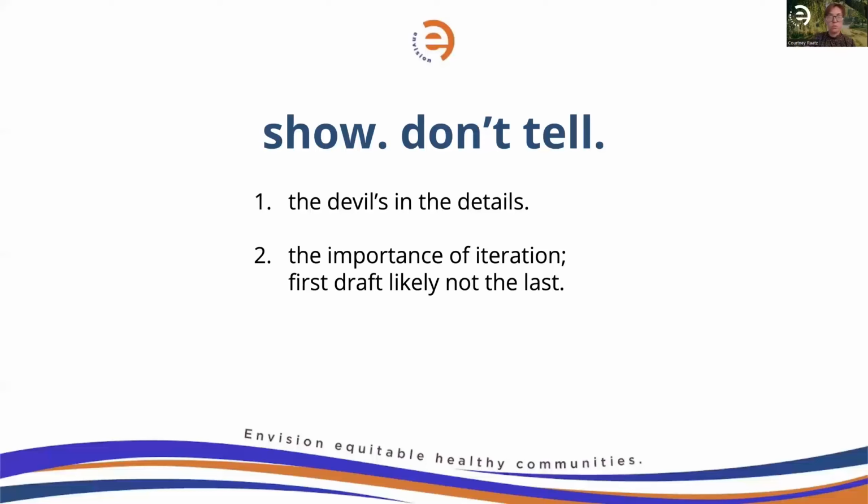Maybe he applied for 102 jobs and hadn't heard a single word, or he had participated in 17 interviews, but it was only after being connected with the resource that he was provided with that he eventually found success. That kind of detail is what we mean by the devil's in the details, and show, don't tell. Instead of saying he had a hard time, show what a hard time it was.